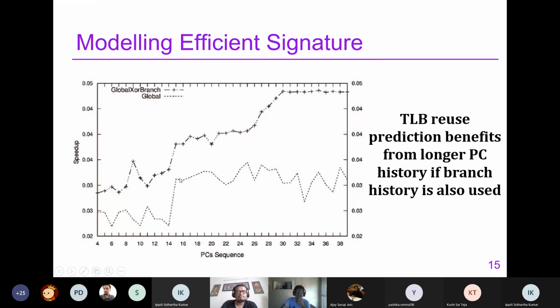As we can see over here, the speedup increases when the path history includes up to 15 program counter sequences. After that, it stagnates. But if we are using global and branch history, then it stagnates after using 30 previous program counter sequences. So we can see that the TLB use prediction benefits from a longer program counter history if the branch history is also used. That's the reason why branch history is used along with the program counter. Otherwise, we could have just used the global path history and the present program counter. And the speedup is significant.